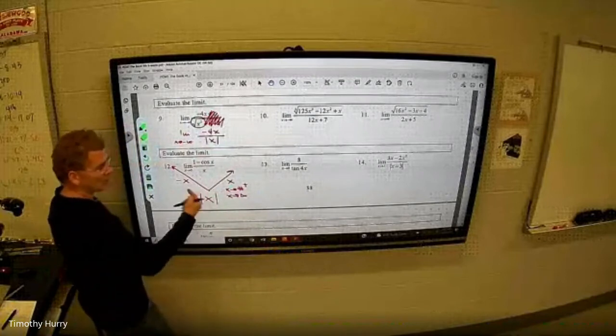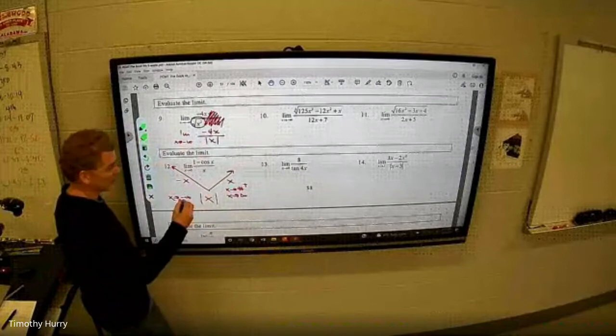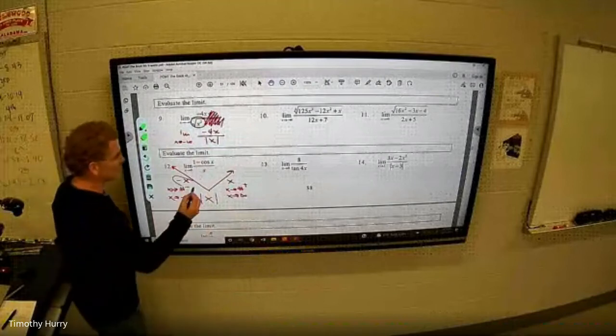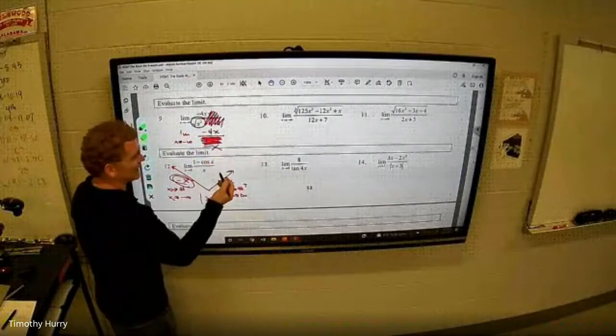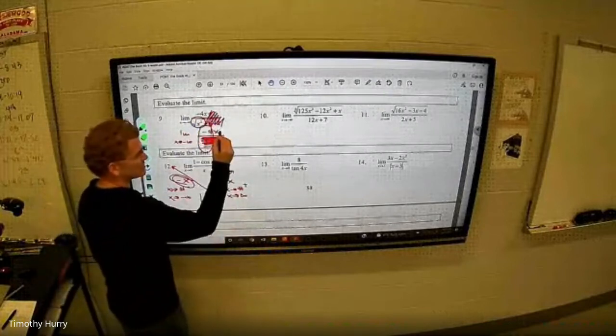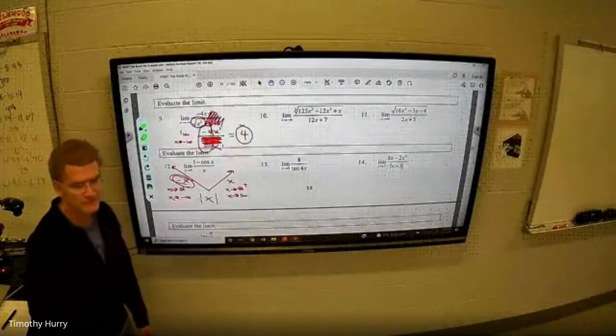When do I go left? When I go to negative infinity, or I approach a number from the left side. Well, I'm going to negative infinity, so I'm going to use the negative x version of this. And I'm going to apply my rules. What do your rules say? Take the coefficients when the powers are the same. Negative 4 over negative 1 is 4. You are done.